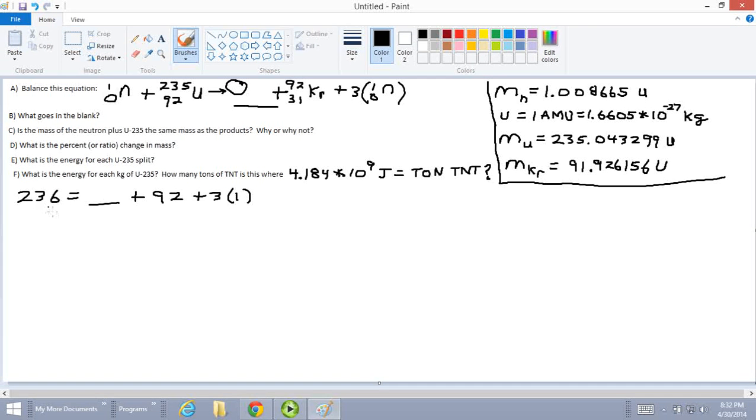So what goes in the blank here is 236 minus 95, that is 92 plus 3, which is 141. So let me erase this part here and put in 141.